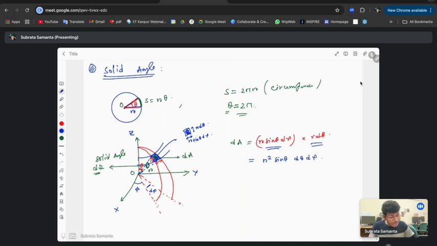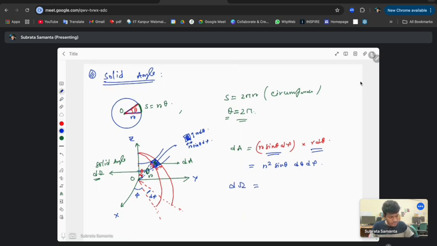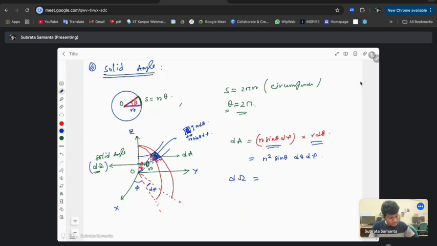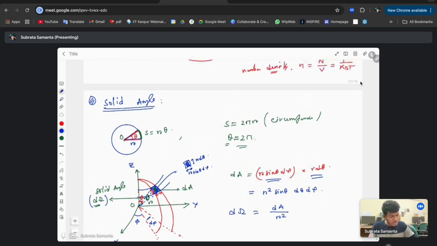So then the solid angle, similarly as before, d omega, is basically dA over r squared. Before, theta for the whole circumference was 2 pi r over r, which gives 2 pi.